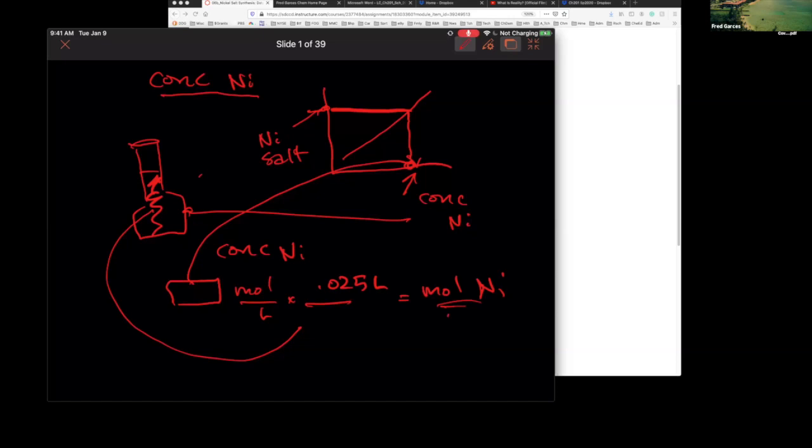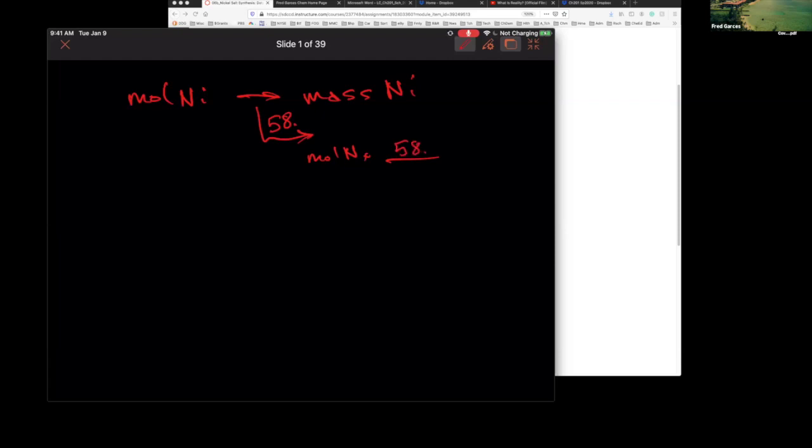Because then you can calculate the mass of the nickel from the moles of the nickel, using the atomic weight of nickel, which was about 58 grams per mole. So we have moles of nickel, and we know that the atomic weight of nickel is 58.0 something grams per mole.